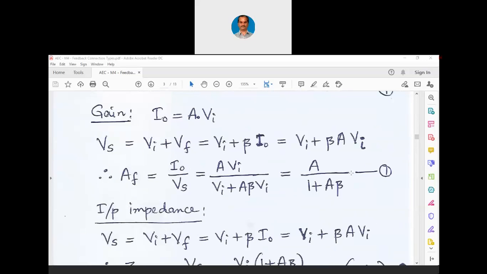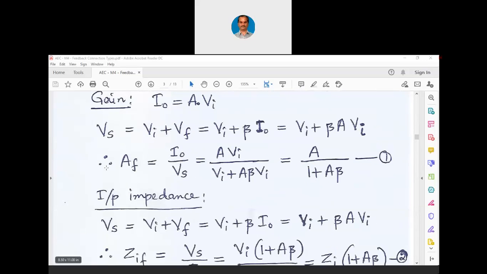Okay, let me continue. Here the gain with feedback is I0 by Vs. It is transconductance. I0 is A into Vi. Vs is Vi plus A beta into Vi. So finally Vi gets cancelled. We get A by 1 plus A beta, which is a standard expression.